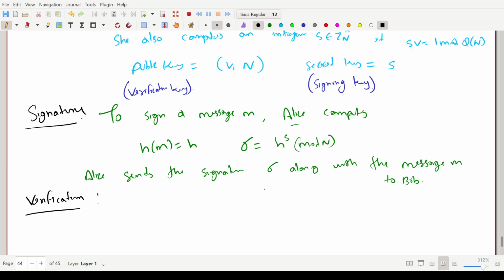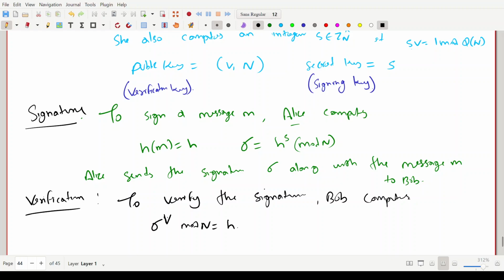To verify the signature, Bob computes sigma raised to V modulo n, and he will get some H1. Also he will compute the hash of M, which will be H. If this H and H1 are the same, then he accepts the signature.